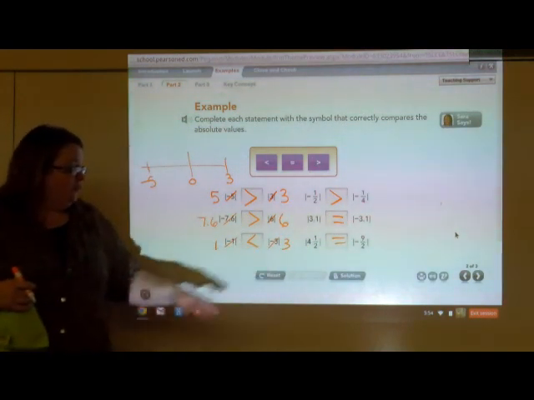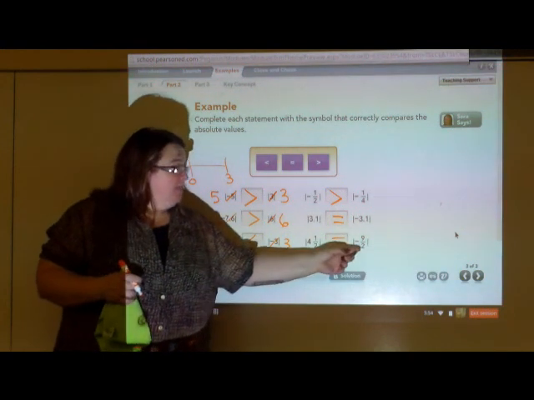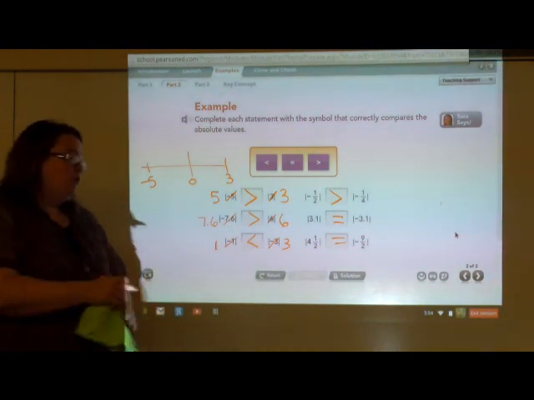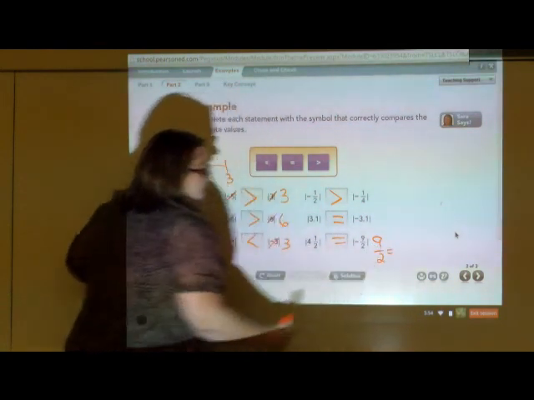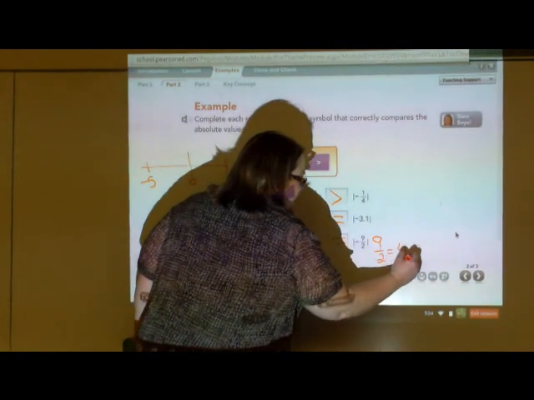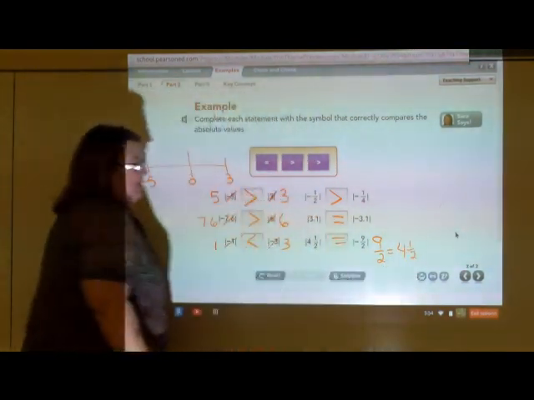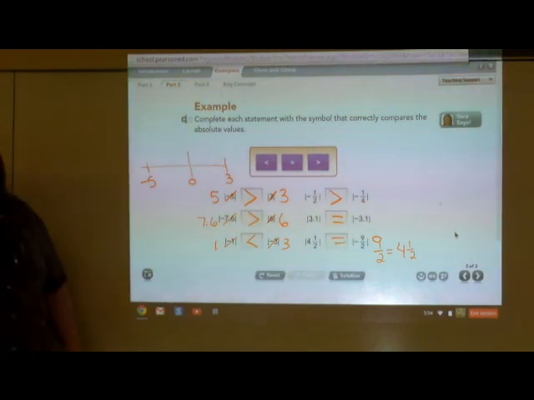Then we look here and the absolute value of 4.5 would be 4.5. And the absolute value here is going to be 9/2. If I simplify that, I in fact get 4 and 1/2. Okay, thank you. Let's go on to the next one.